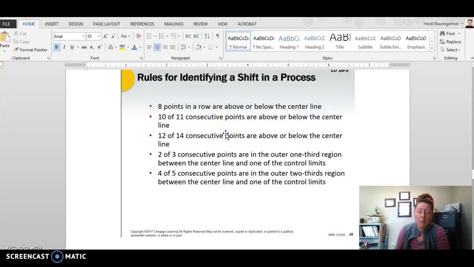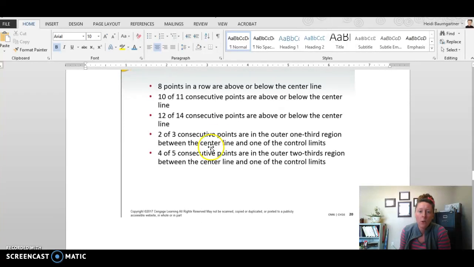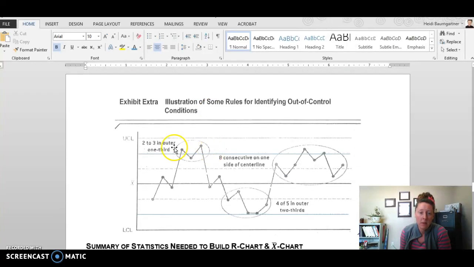If 10 of 11 consecutive points are above or below the line, if 12 of 14 are above or below that center line, or if 2 of 3 consecutive points are in the outer 1/3 region between the center line and one of the control limits. Here we took the upper and lower control limits and our center line.